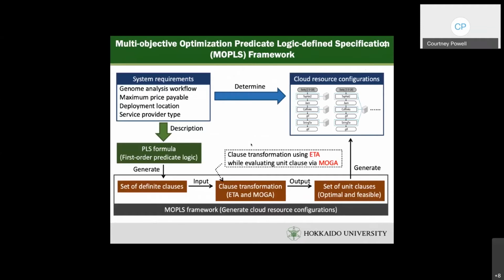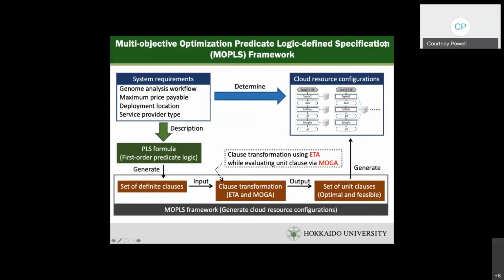So here's a layout of our actual framework. We call it the multi-objective optimization predicate logic defined specification framework. And in this system, we see where we get our system requirements. And these are described in the PLS formula, which is first order predicate logic.